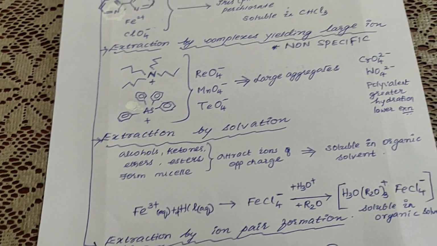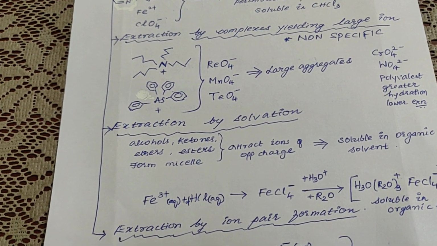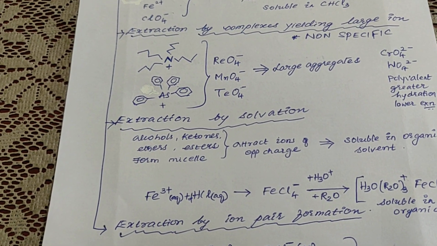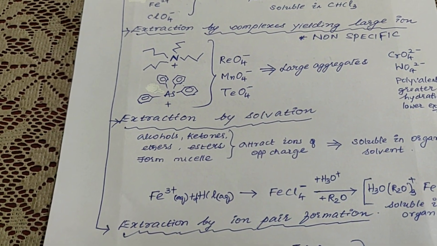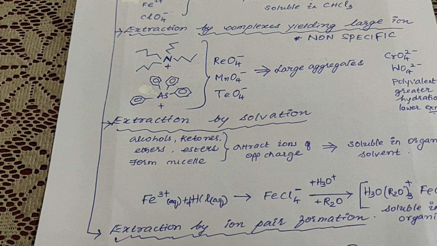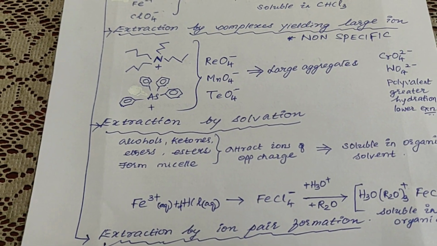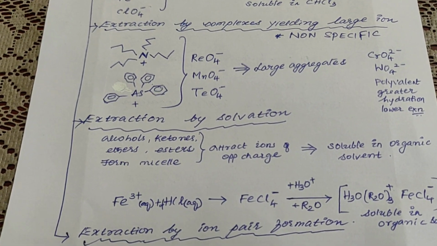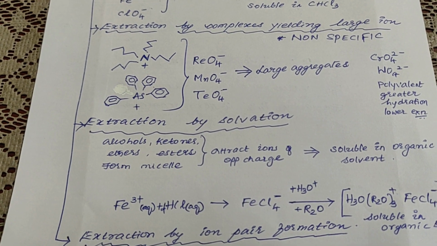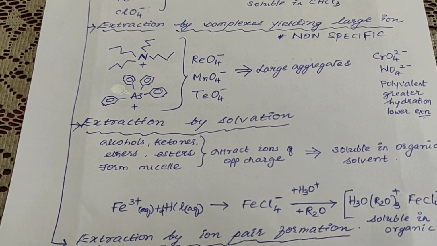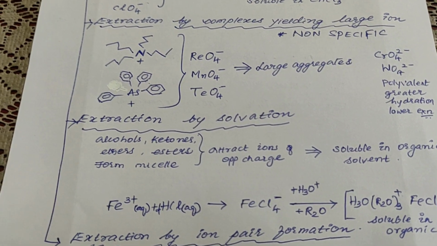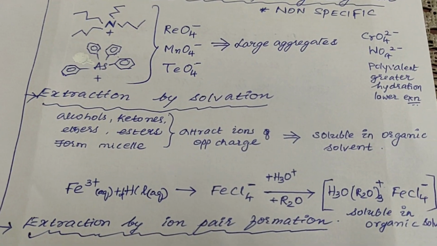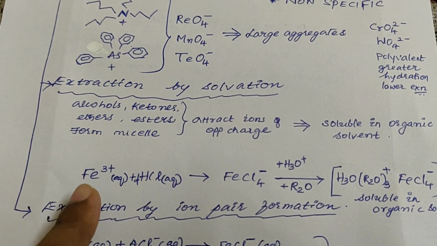When these alcohol molecules combine together, they form micelles. These micelles will have an overall negative or overall positive charge, and they attract ions with the opposite charge. When this attraction occurs, there will be a salt formation, and that particular compound will be soluble in the organic solvent.